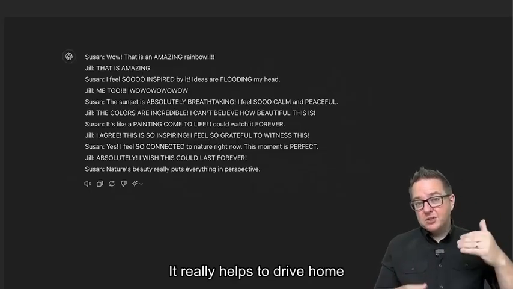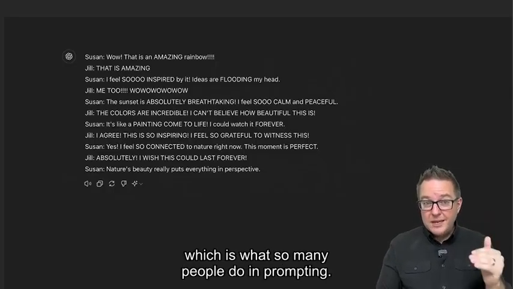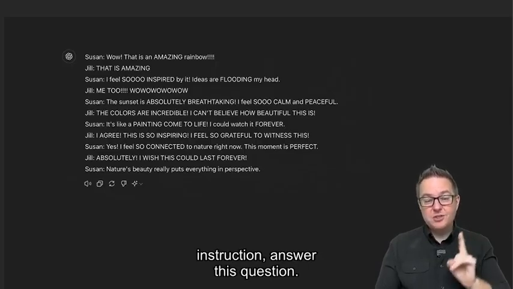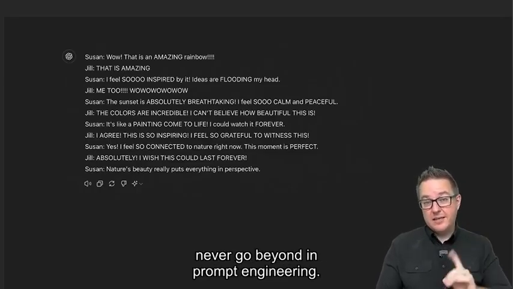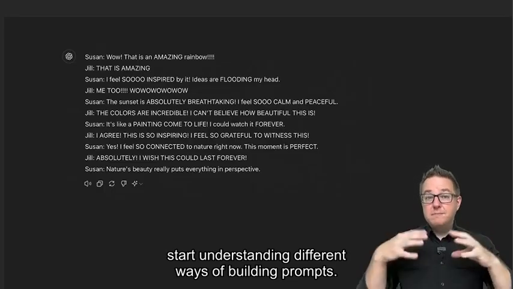And it really helps to drive home the point that if we just focus on instructions, which is what so many people do in prompting, in fact, they get stuck on one type of instruction: answer this question. That's the instruction that most people never go beyond in prompt engineering. To go beyond that, we have to start understanding different ways of building prompts.